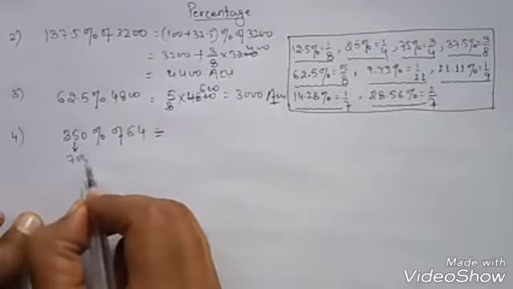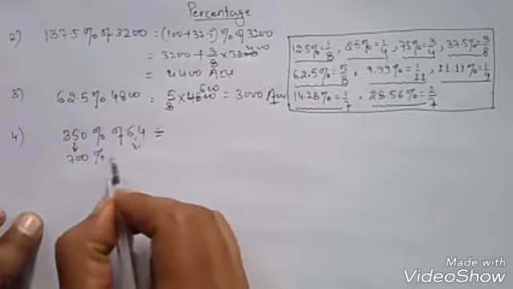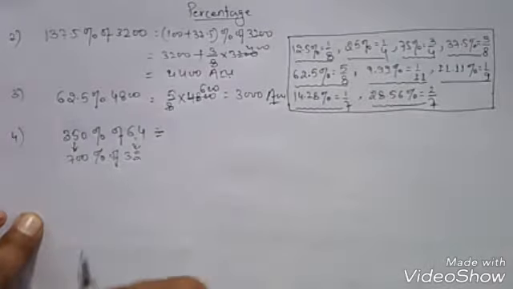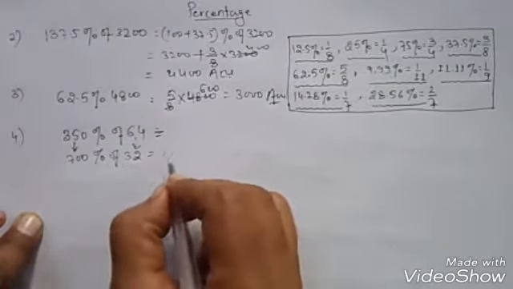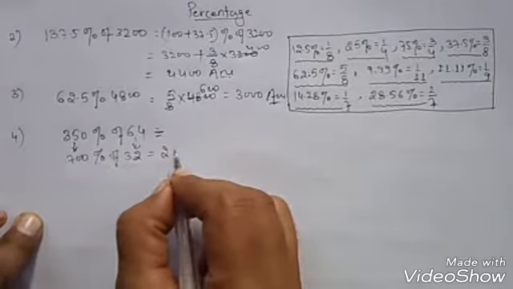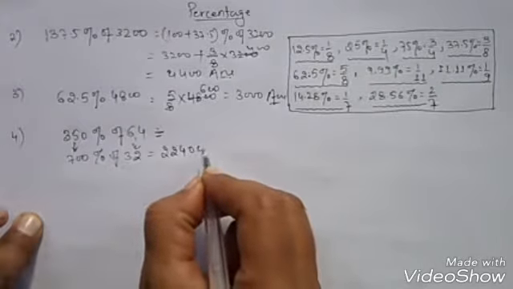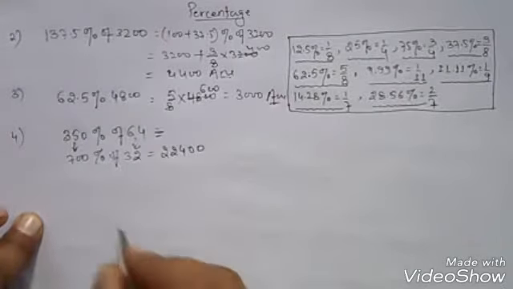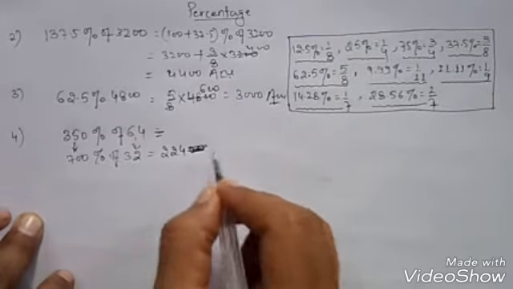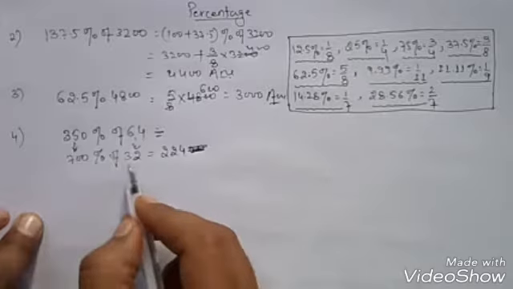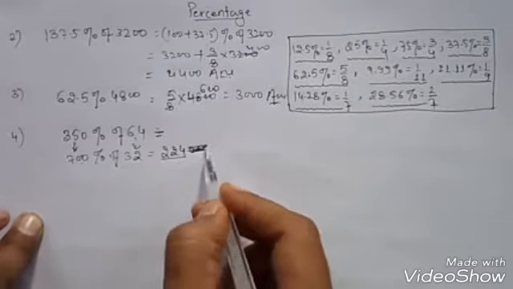You will get 700% of half of this term, 32. So we can write it as 224. So this is 224 simply, right? 700% means 7 times 32, which is 224.